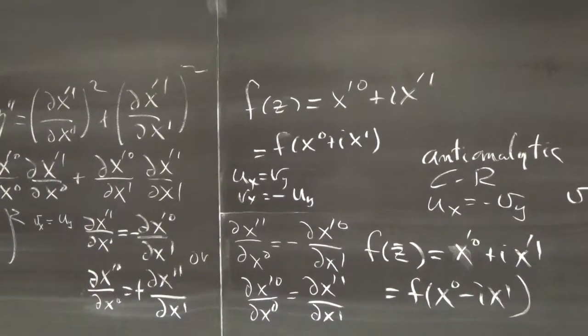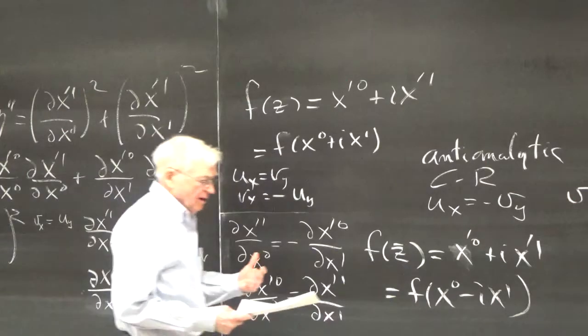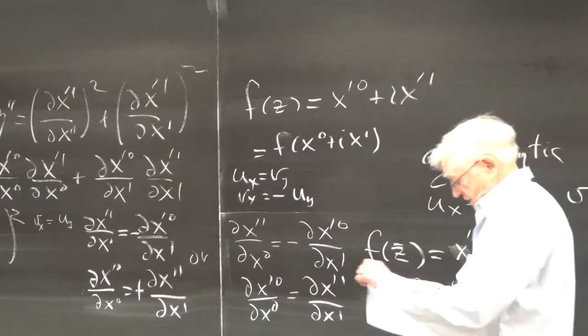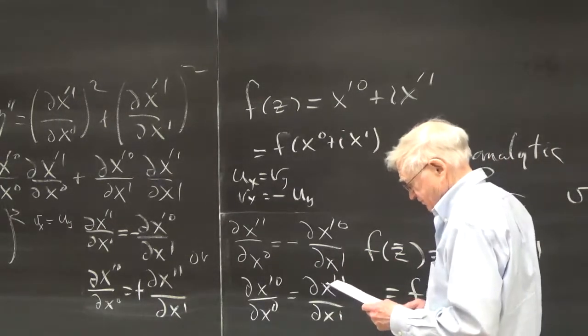And anyway, the upshot is that for the finite transformations, x0 prime and x1 prime have to be analytic or anti-analytic functions of x0 and x1.